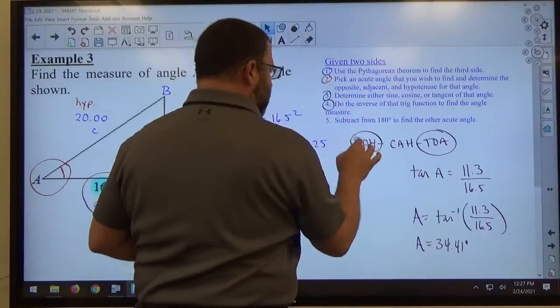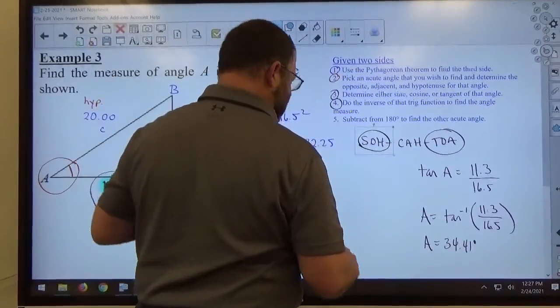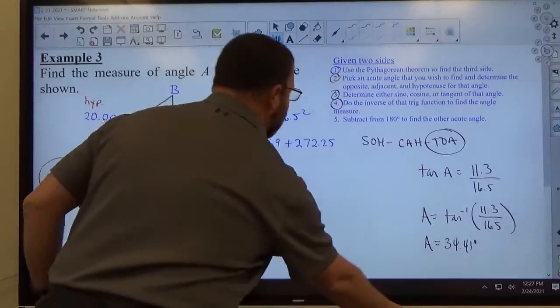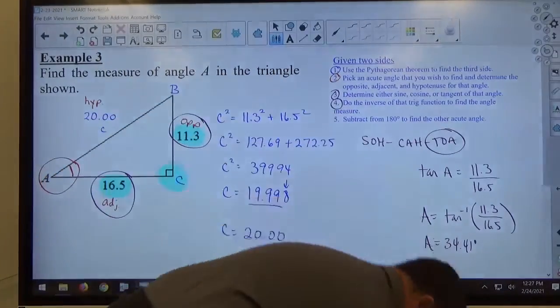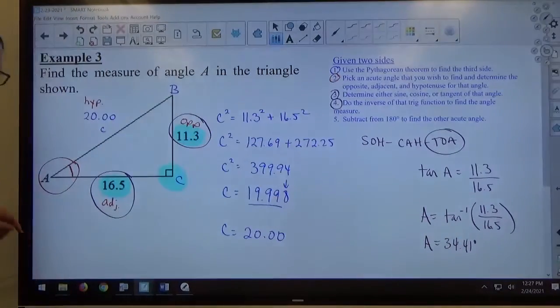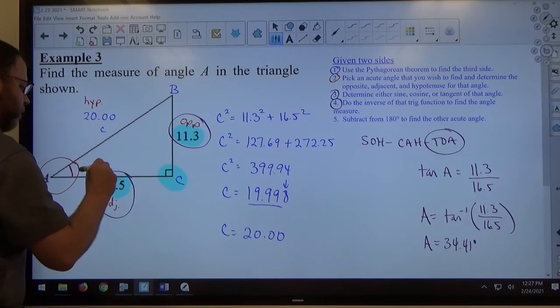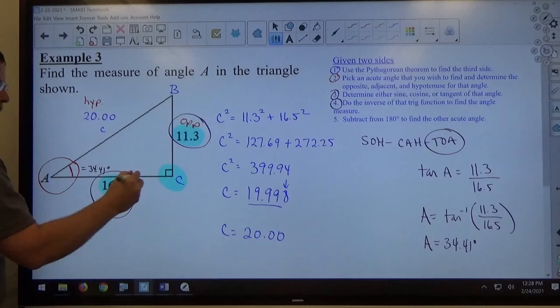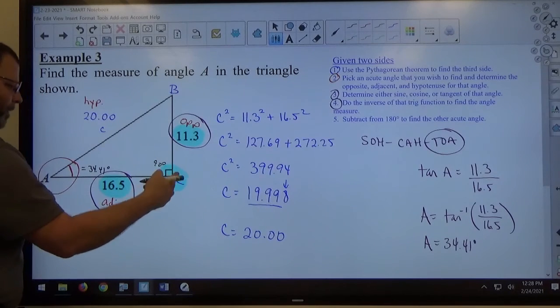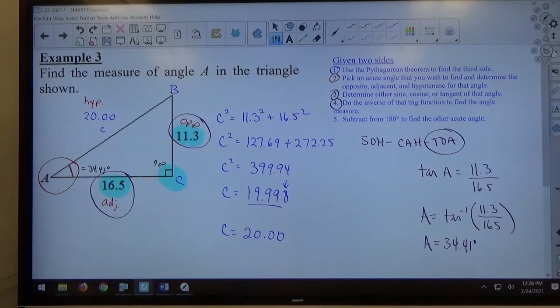Okay, once we finish with that step, the last thing, if they ask me for all this stuff, if I want to know all the missing parts, I just found A is equal to 34.41 degrees. My last step is to find angle B. Well, at this point, this is 90. That's 34.41, so just subtract from 180 again.